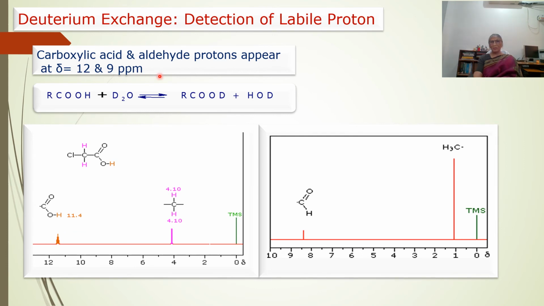If we wish to confirm it, then the NMR spectrum is taken in the presence of deuterium oxide. If it is an acid, then the signal because of the acidic proton will be absent. And if it is an aldehydic proton, the signal will be there in the NMR spectrum. Therefore, by use of deuterium oxide, we can confirm the presence of an acidic proton.